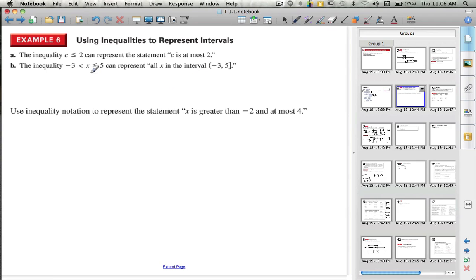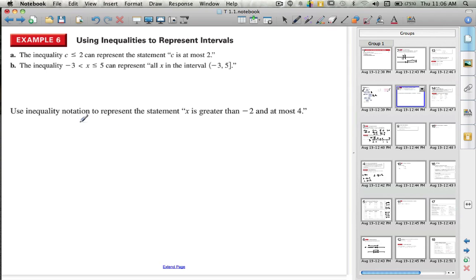Okay, so if we look at this one, all of the x's in the interval between, not including -3, but including 5. So between there, might be easier. Normally it is easier to represent these things graphically than it is to represent them in words.